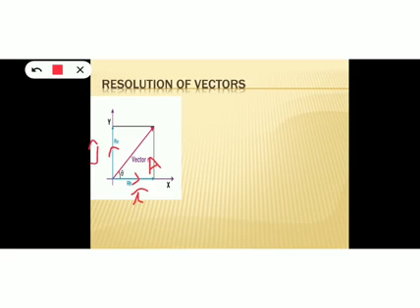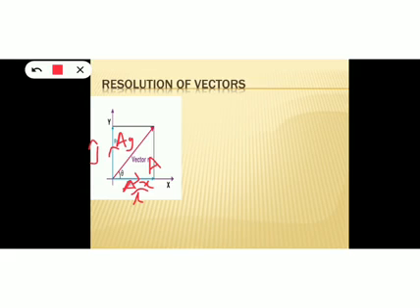Now consider a vector A acting in this direction, and let the component along the x-axis be ax and the component along the y-axis be ay. So ax means the horizontal component of vector A, and ay means the vertical component of vector A.